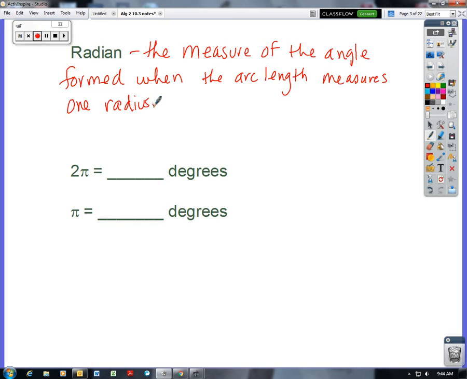And we saw on the paper plate it's around 57 degrees. A radian is always around 57 point something. So if this was my radius, and if I took that length and came out here, it'd be about that far. That's 1 radian.